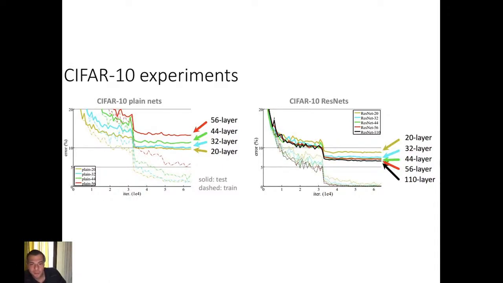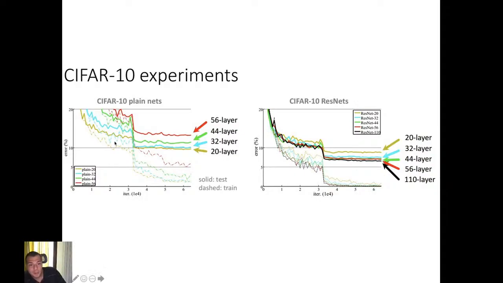Once you increase the number of layers, you see that the error increases both on training and on test. This is a bit counterintuitive, because as you increase the number of layers, the model is supposed to be more complex, and it should be able to overfit to the training data. They observed that this is not actually happening, and this is because of the problem with vanishing and exploding gradients, as I explained before.